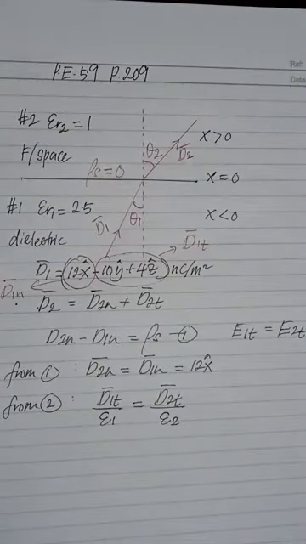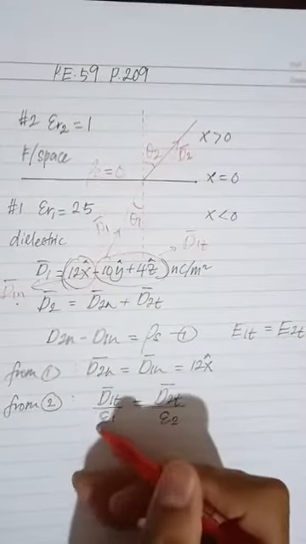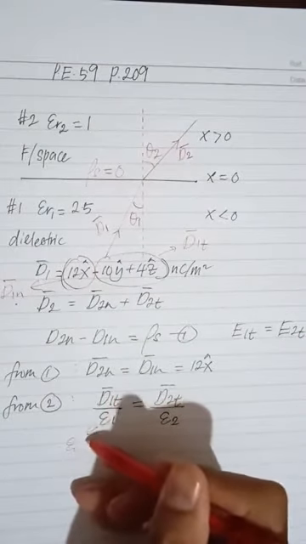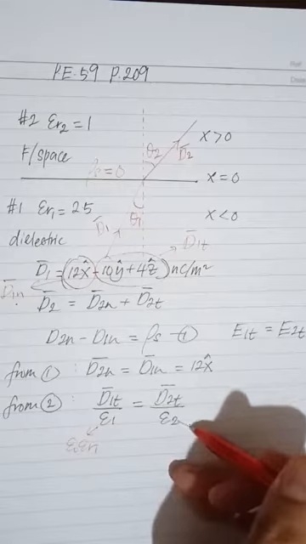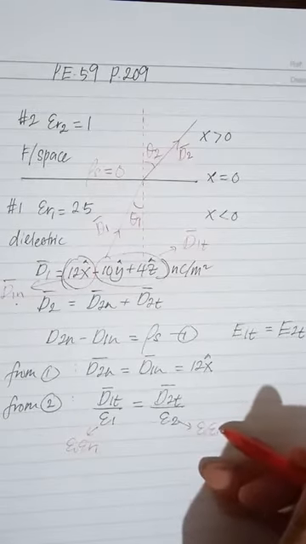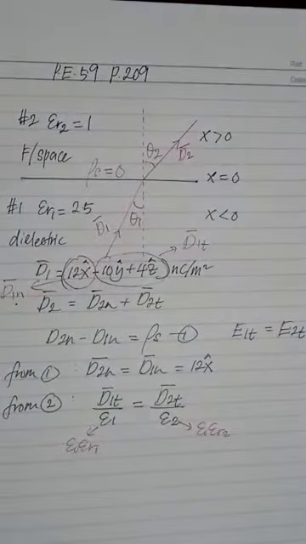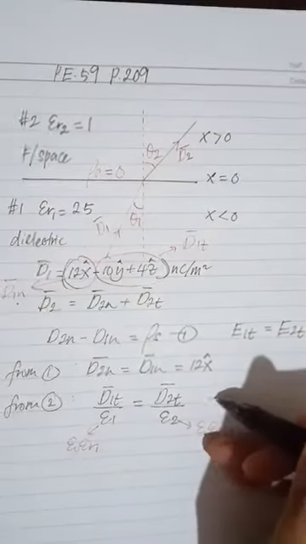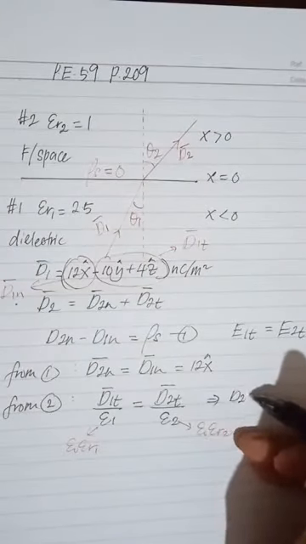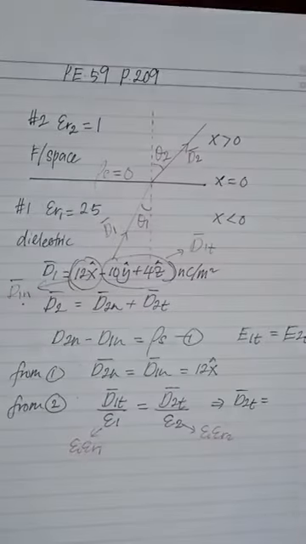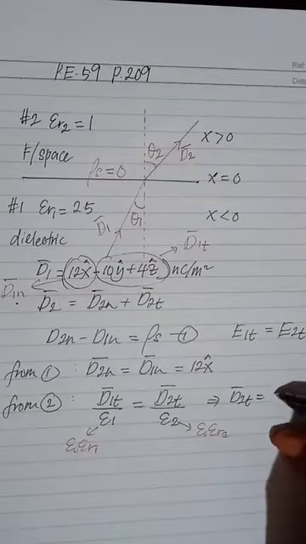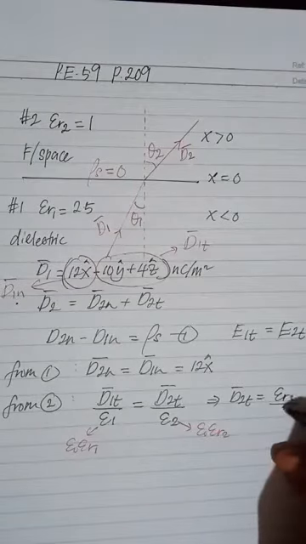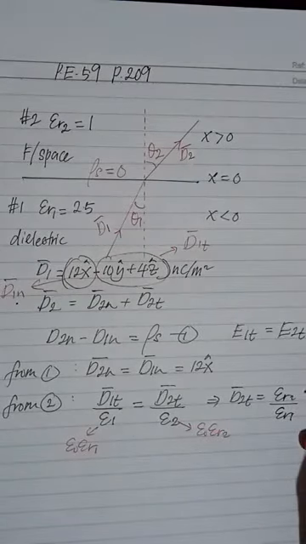And then now we are going to find the D2 tangential. So we know also, guys, that epsilon 1 is equal to epsilon naught epsilon r1, and epsilon 2 is equal to epsilon naught epsilon r2. So rearranging the equation, you can find D2 tangential is equal to epsilon r2 over epsilon r1 times D1 tangential.